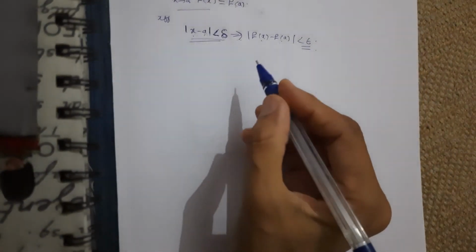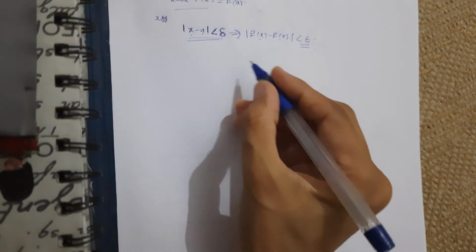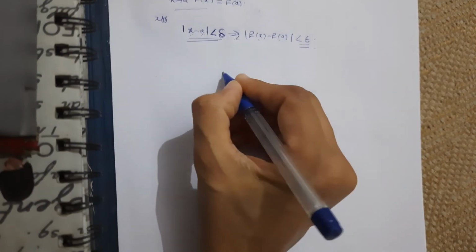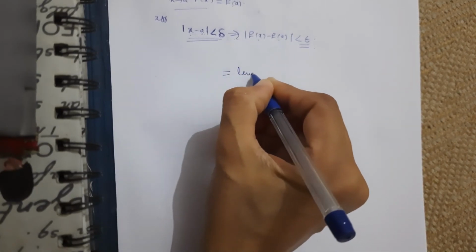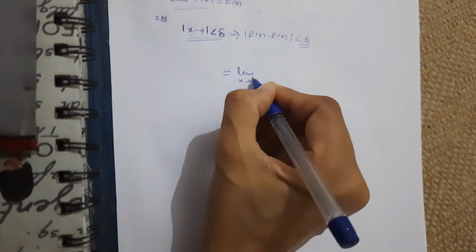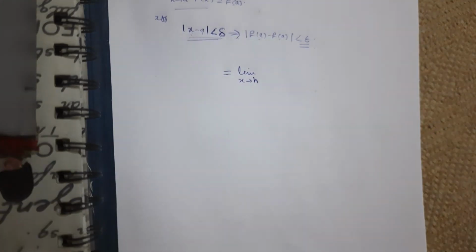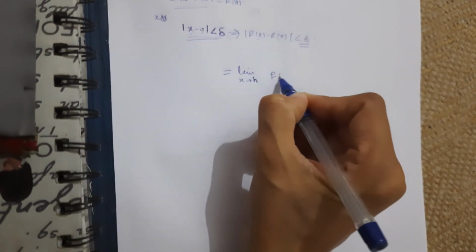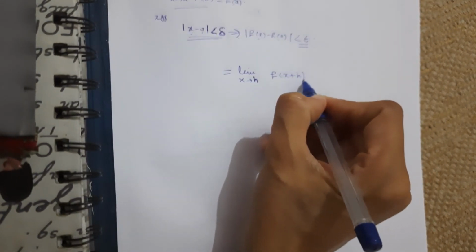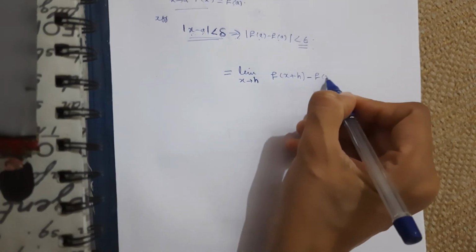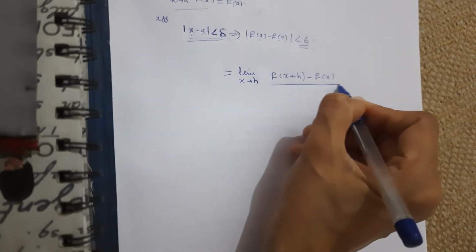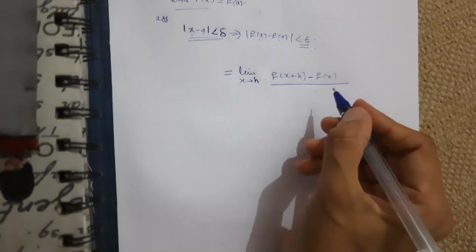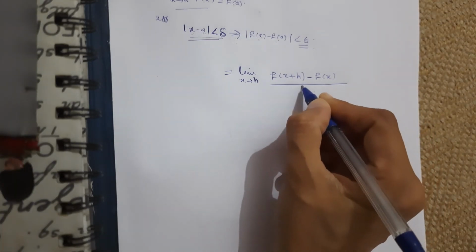Okay. Now suppose I am finding the limiting value of the function limit h tends to 0, f of x plus h minus f of x upon h.